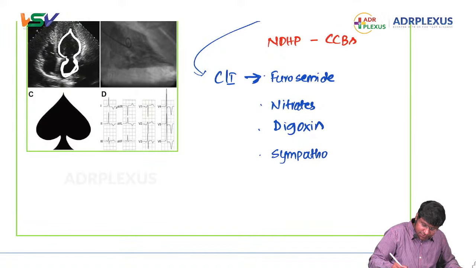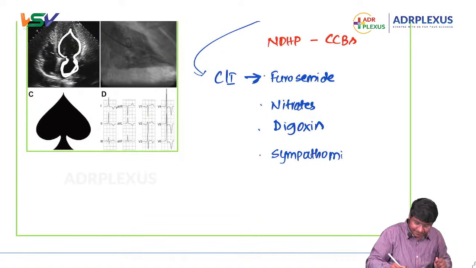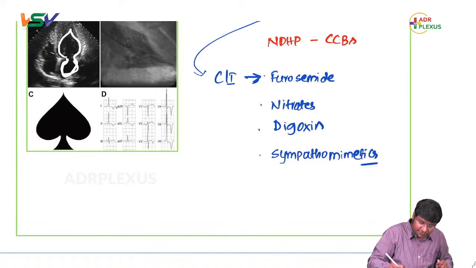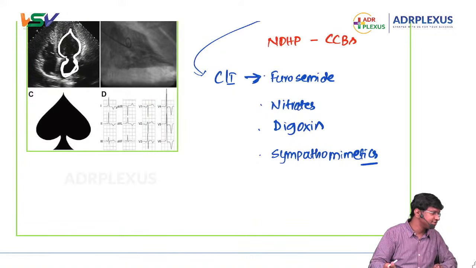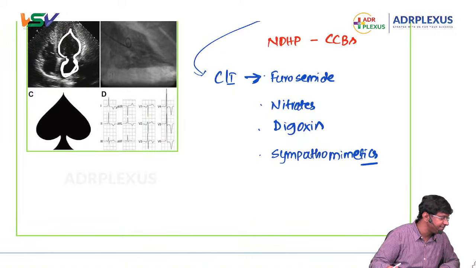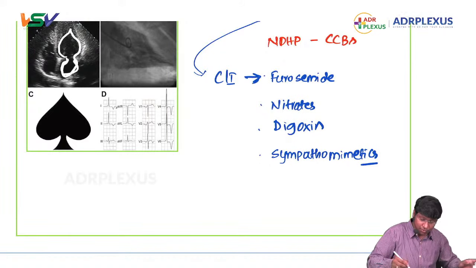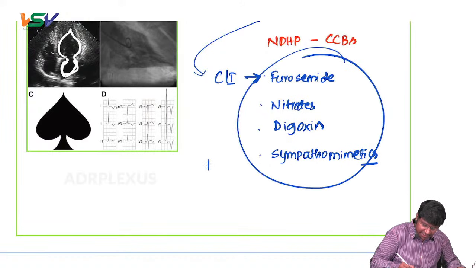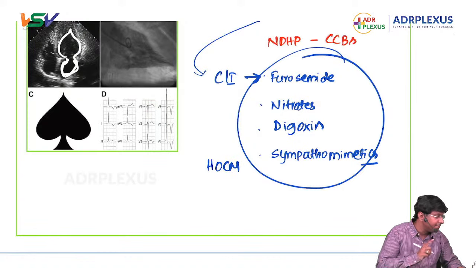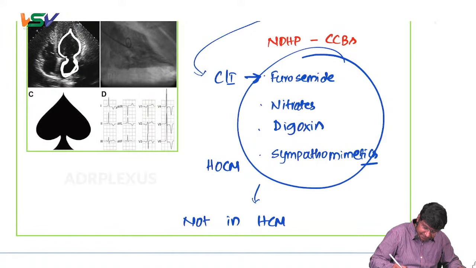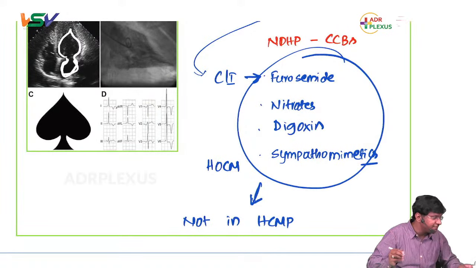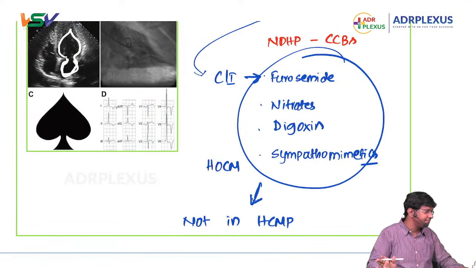Now tell me, these drugs, are they contraindicated in apical hypertrophy also? No. So these are contraindicated only in HOCM, but not in the case of HCMP, okay? Very, very important point, right?